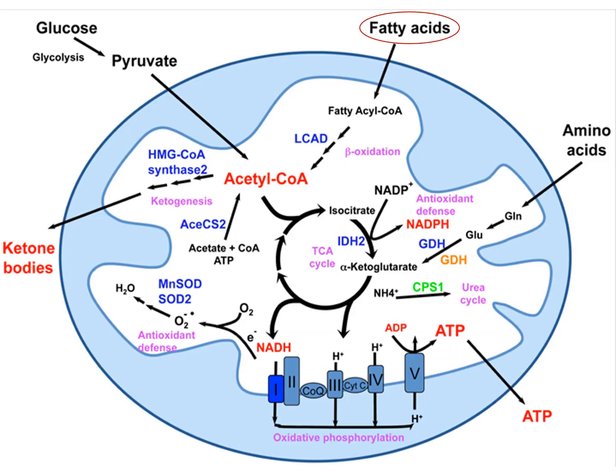So don't panic when you see this picture. It's just showing you the difference that we just said, how our fatty acids are going to enter the cell cycle instead of glucose. So we said glucose undergoes that first step of glycolysis to be turned into pyruvate, which will then become acetyl-CoA.